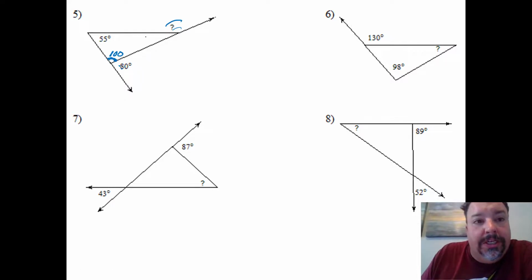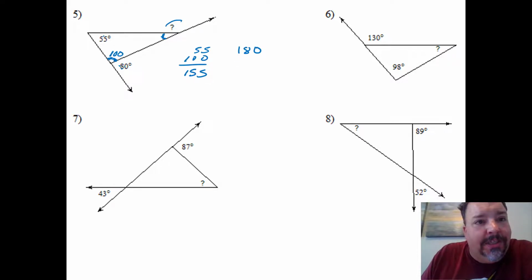Now, if you use the shortcut, you could skip right to this angle because this is an exterior angle. But let me just fill out the rest of this. So you could also find this angle inside here. 55 plus 100 is 155. So what does this angle inside have to be? Well, all the angles inside have to add up to 180.